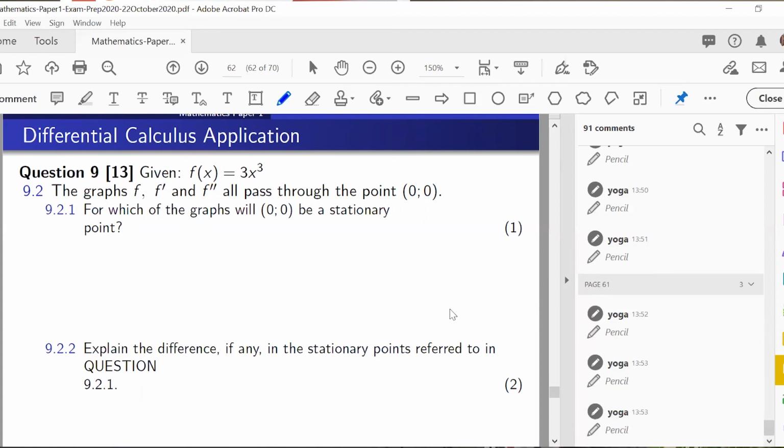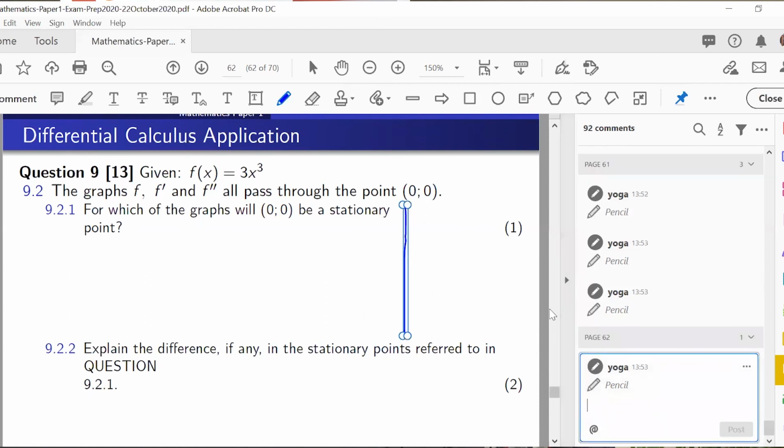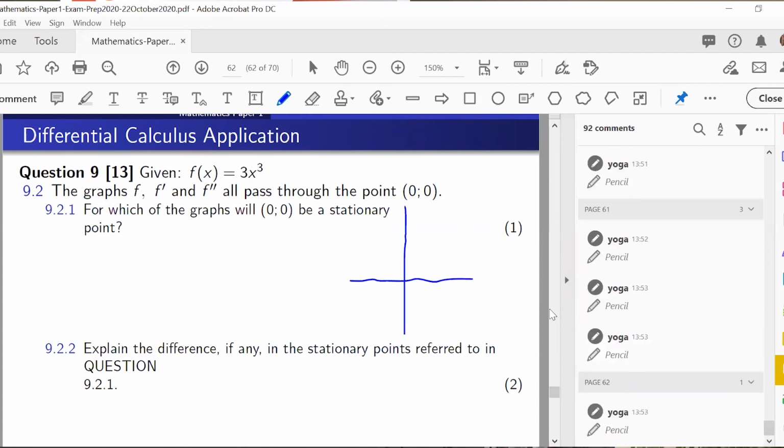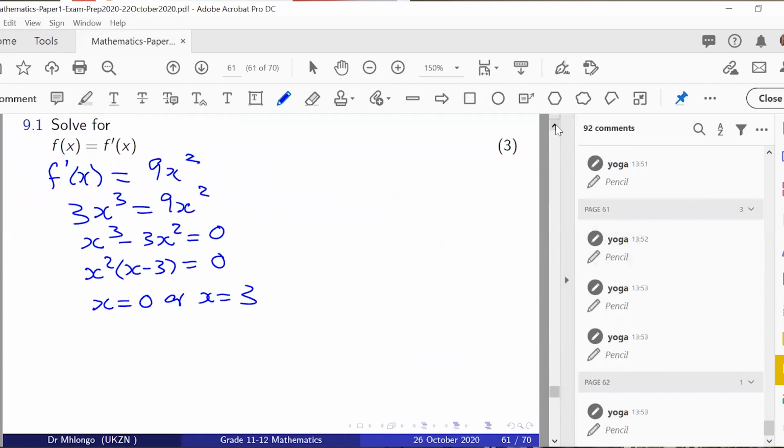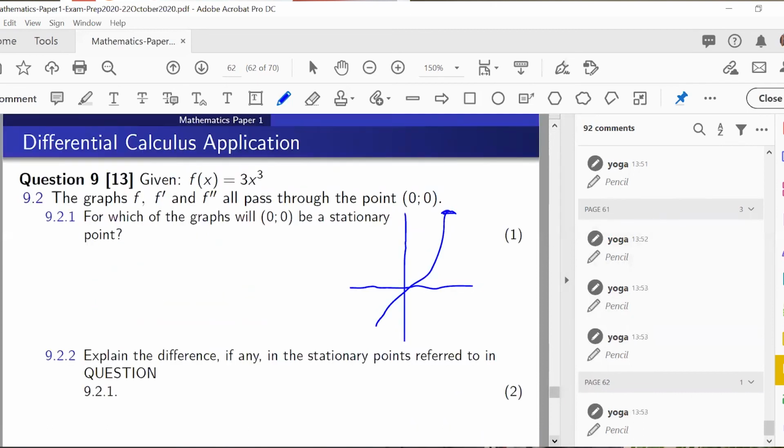Okay. If you look at these graphs, I am going to show you, to explain this problem. F is a cubic function, and then the derivative, let me use another color.